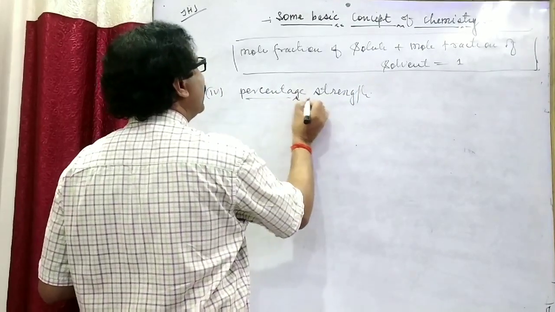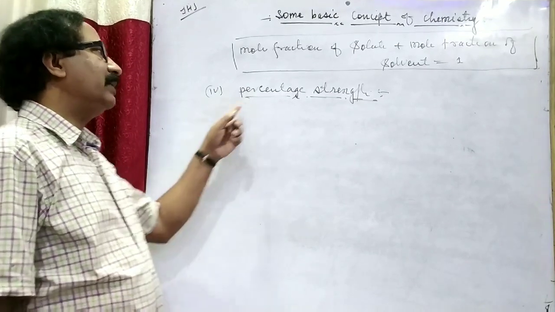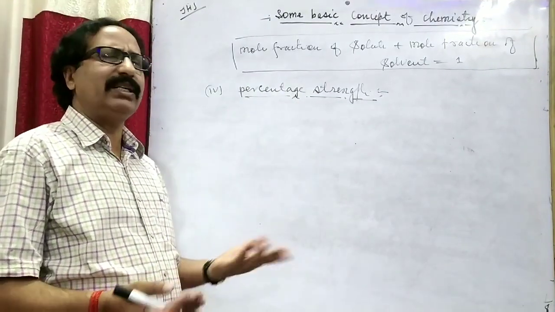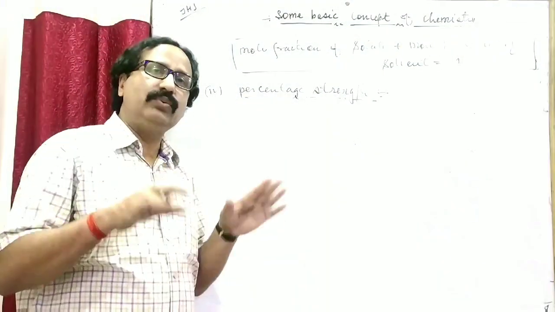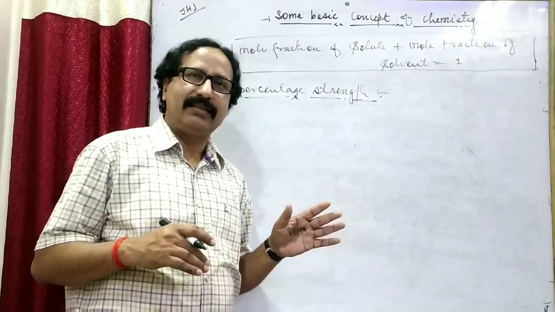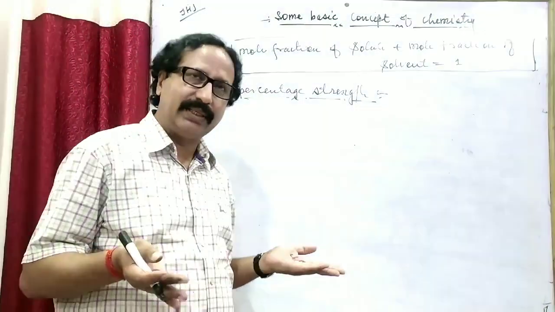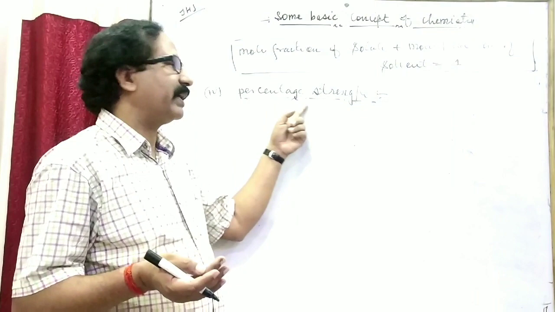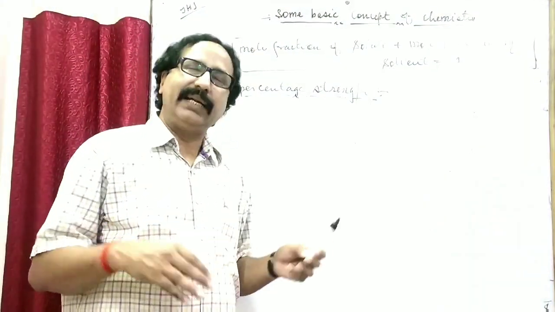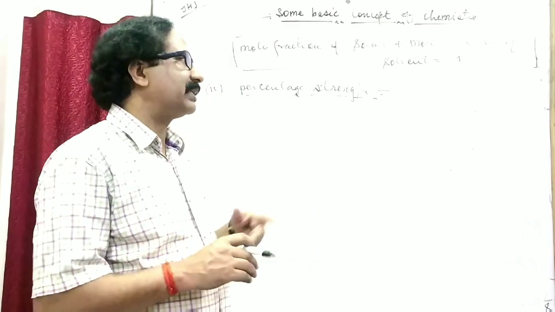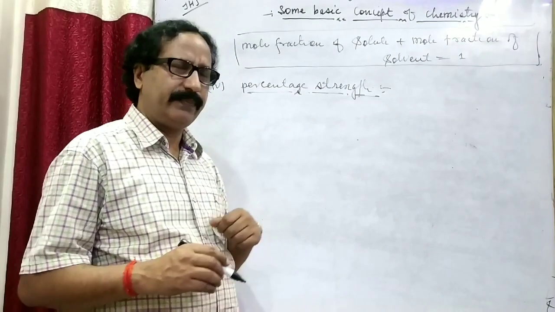We can also decide the strength of any solution by applying percentage strength. What is the percentage strength? The amount of solute present in 100 gram of solution or 100 ml of solution is known as percentage strength. It is so easy.